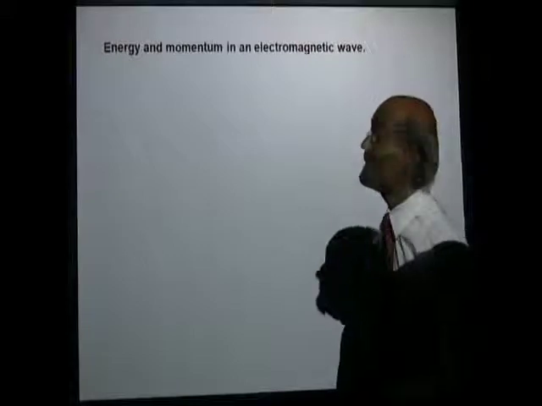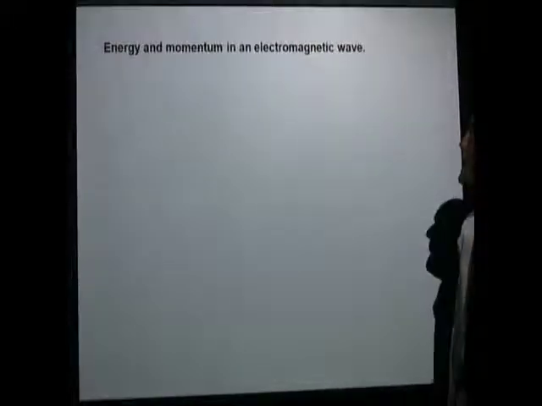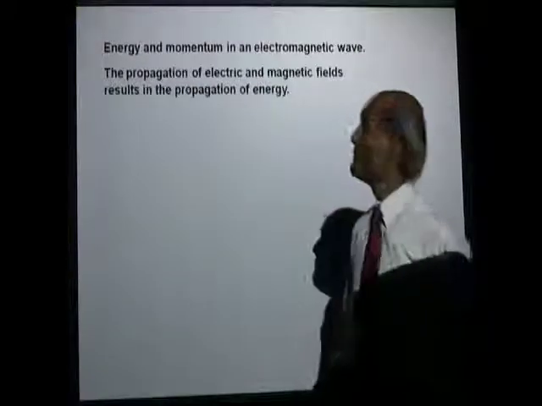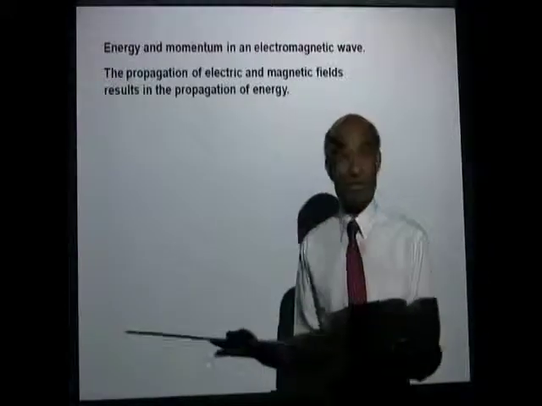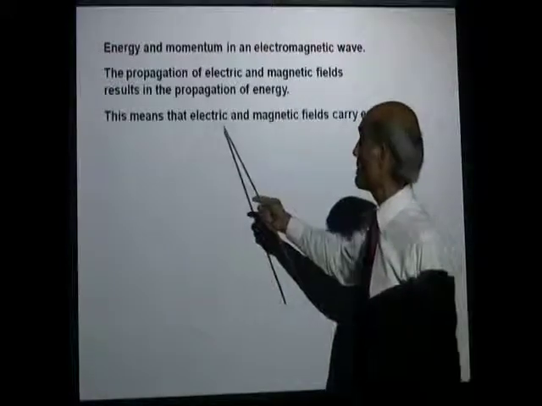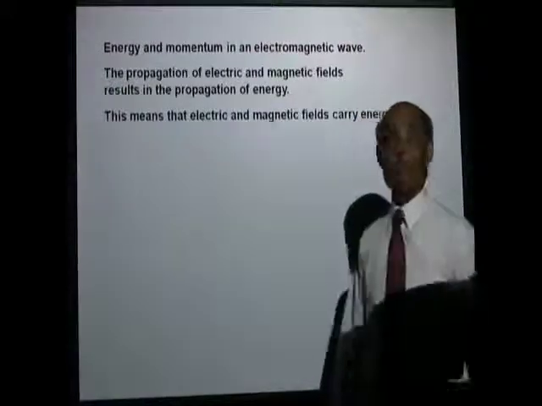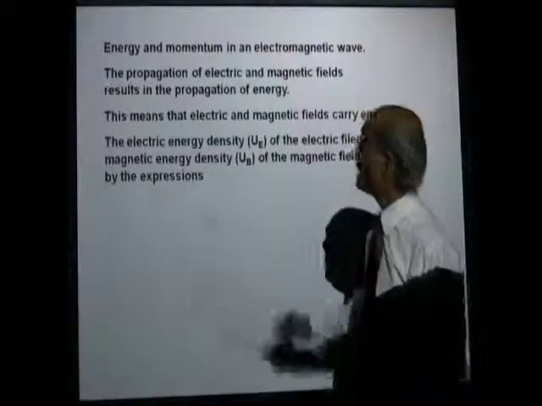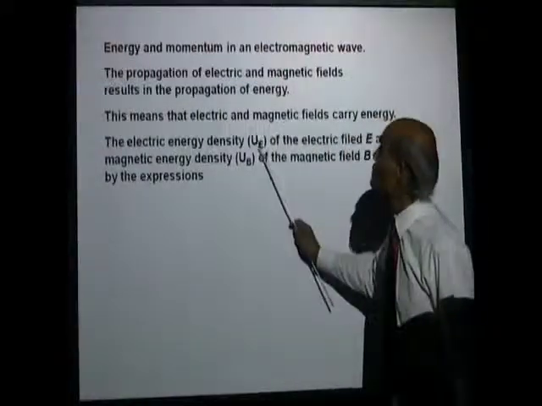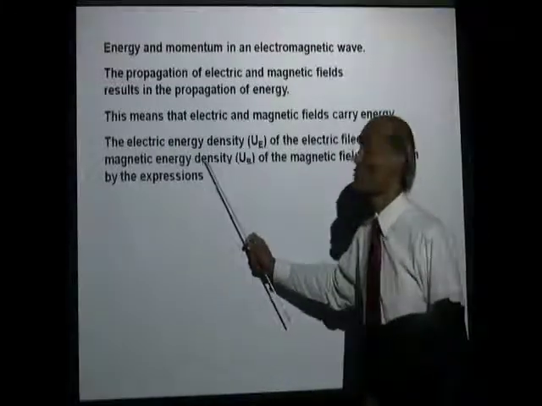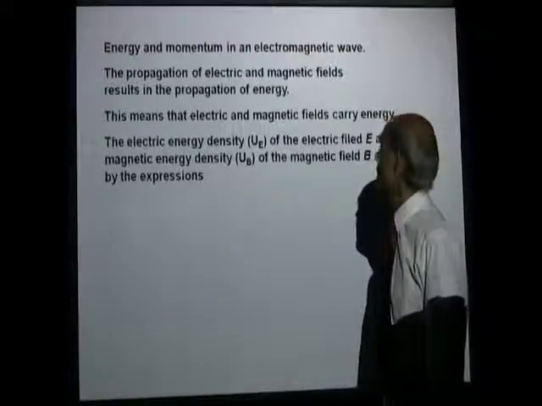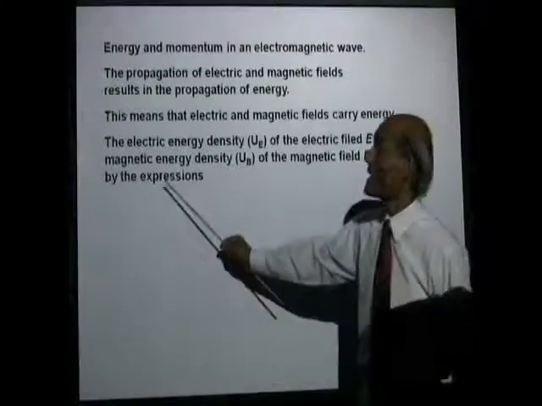Next, we will briefly discuss energy and momentum in an electromagnetic wave. These waves carry energy with them. The propagation of electric and magnetic fields results in the propagation of energy. This means that electric and magnetic fields carry energy. The electric energy density U sub E of the electric field E and the magnetic energy density U sub B of the magnetic field B are given by these expressions.